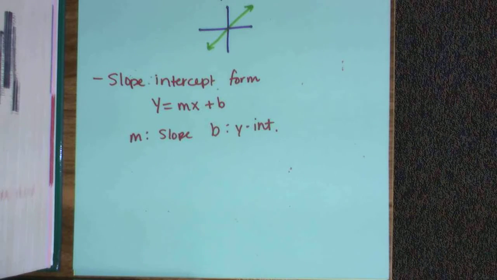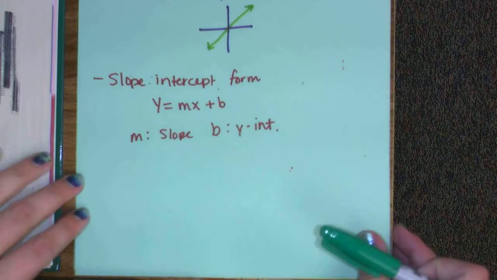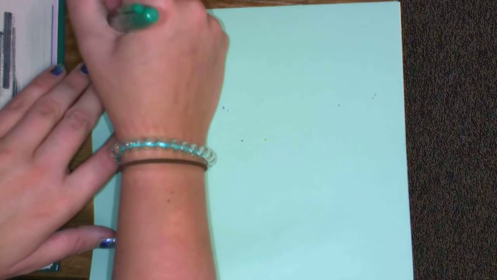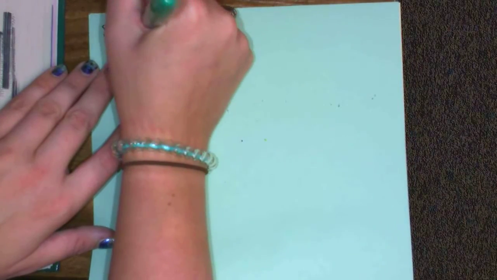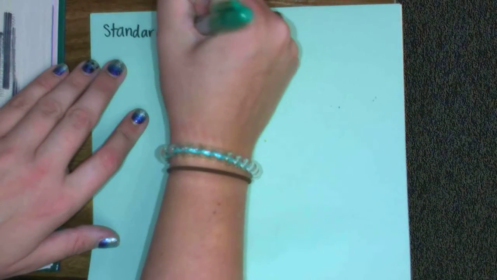So then really quick, kind of the last thing that goes in this section here, actually there's a couple things, so let me go ahead and go to a new page here for that, just to kind of wrap it up. The standard form. Okay, so we have several different forms.